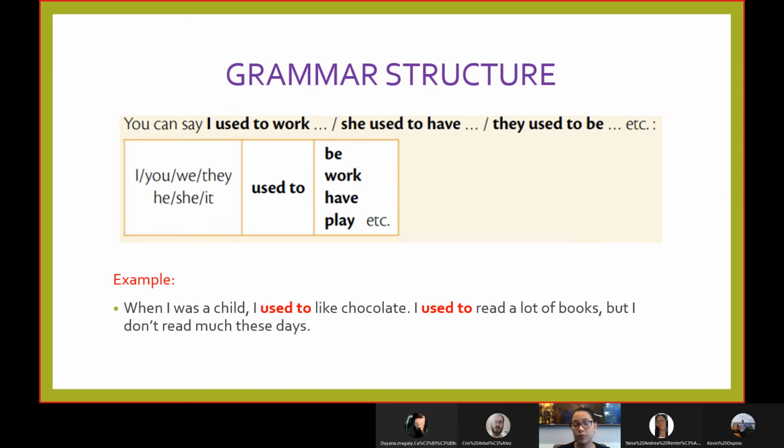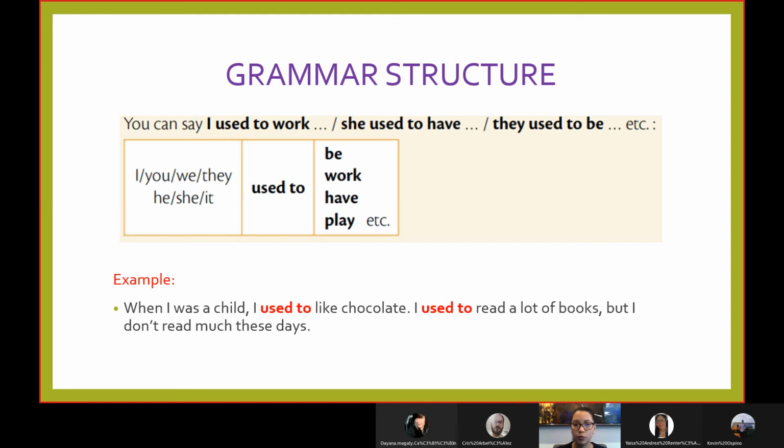And after, this part is very important, because after used to, we need a verb in the main form. So we don't change this verb. So used to be, used to work, used to have, used to play. Why?